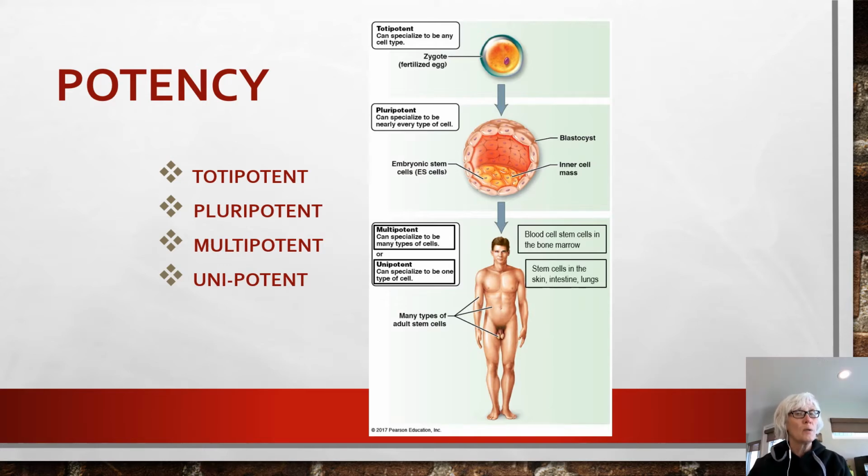For example, the cells that are in the bottom layer of our skin that give rise to new skin cells when we slough off skin cells, new gastrointestinal cells when we slough off gastrointestinal cells, new lung epithelial cells when we slough those off. Those stem cells that reside in those specific organs can only become cells of that type. So they are described as unipotent.